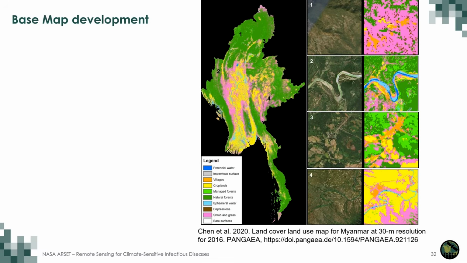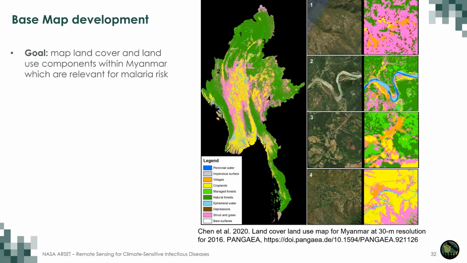So the very first thing that we did when we started developing our early warning system is develop the base map that is relevant specifically to malaria conditions. There are so many maps and so many things available globally that picking the map that serves your purpose can be very challenging. So, the first thing to do is to identify the goal for why you are developing that map.